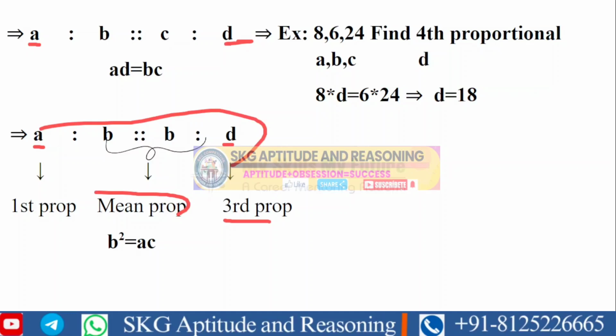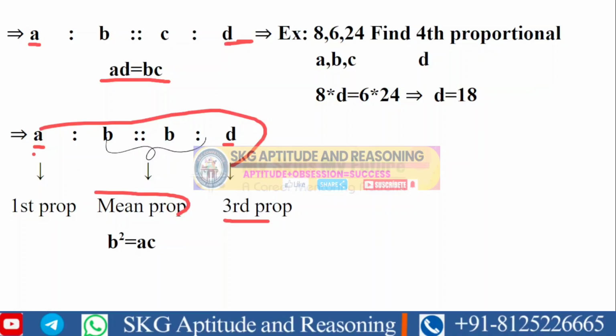It is very easy. You just need to listen to the content I am saying clearly. If all three or four different values are given, we apply the basic formula AD equals BC. If one value is given as common, we consider the middle value as the mean proportion. We also discussed one point here: the product of extremes.